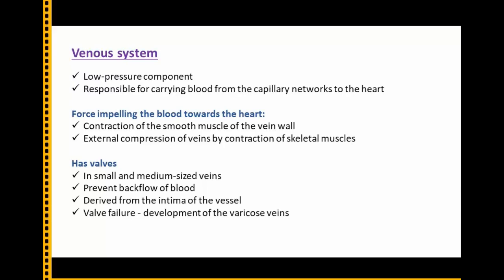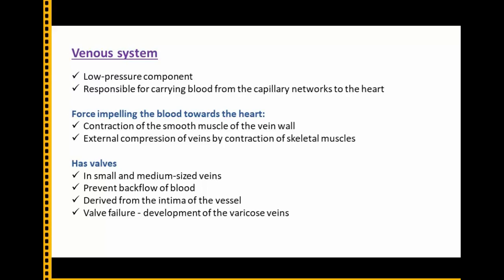In the vein walls, there are smooth muscles. These smooth muscles contract, and their contractile action works as a force to move blood in the veins towards the heart. The veins in your limbs and other places in the body are usually covered by muscle groups.